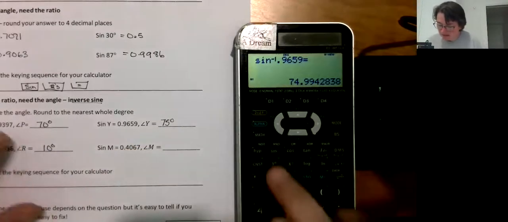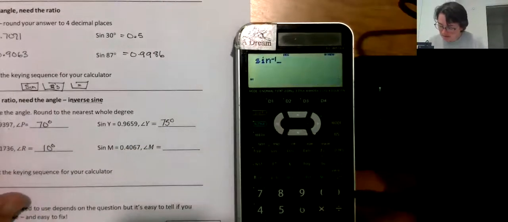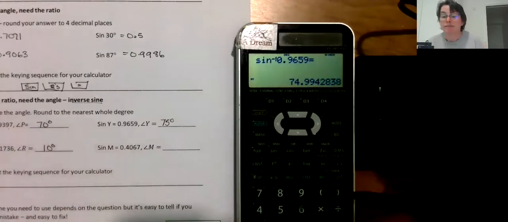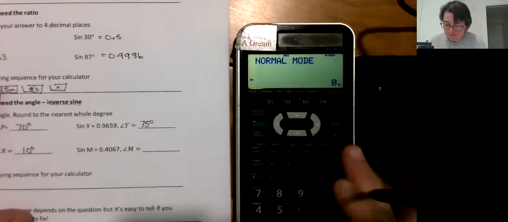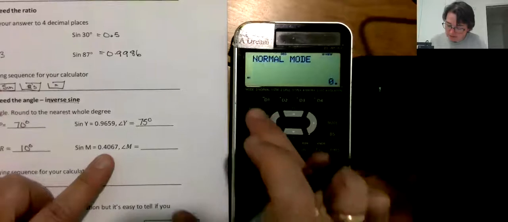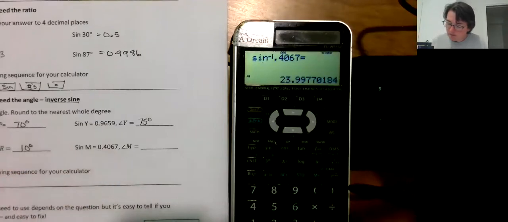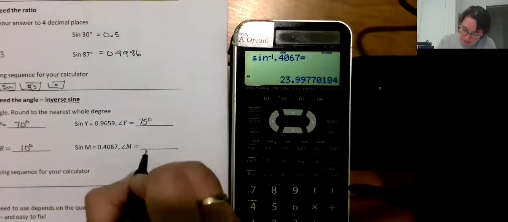Try it out, 0.9659. Same answer. So whatever works for you. And the last one, second sine, 0.4067. And 23.99 degrees. So it's going to be 24 degrees.